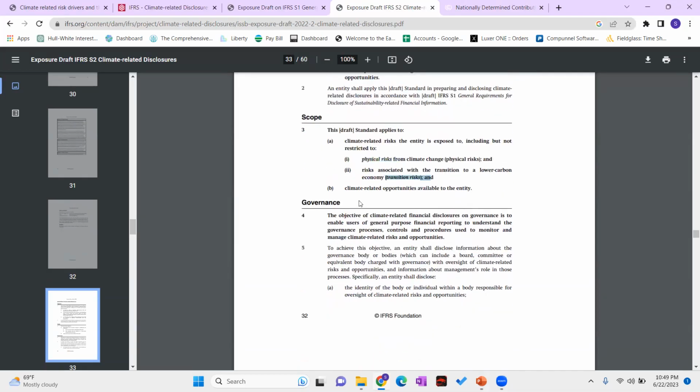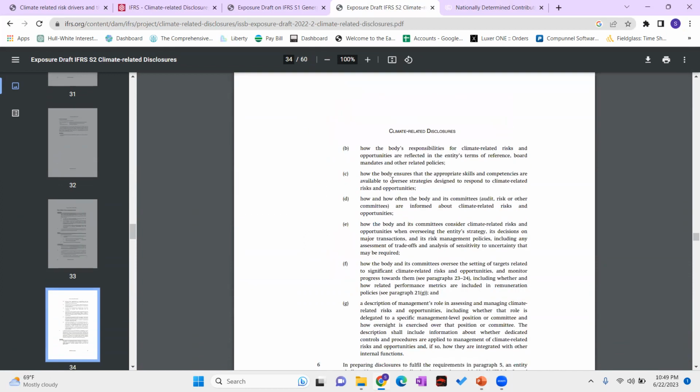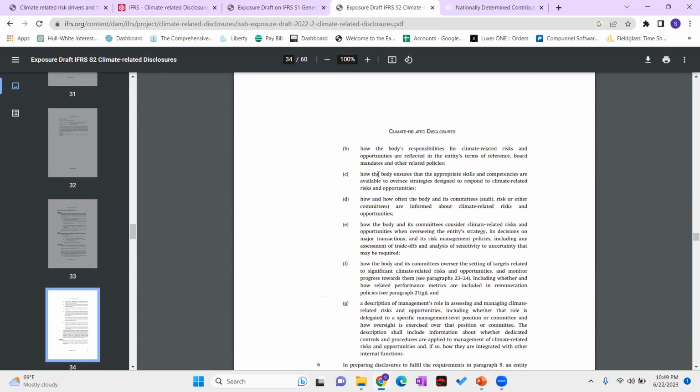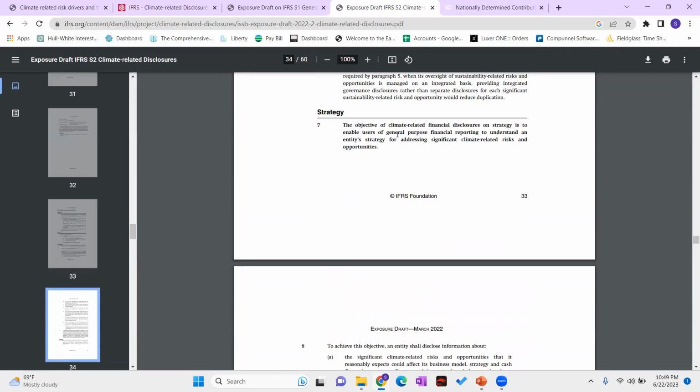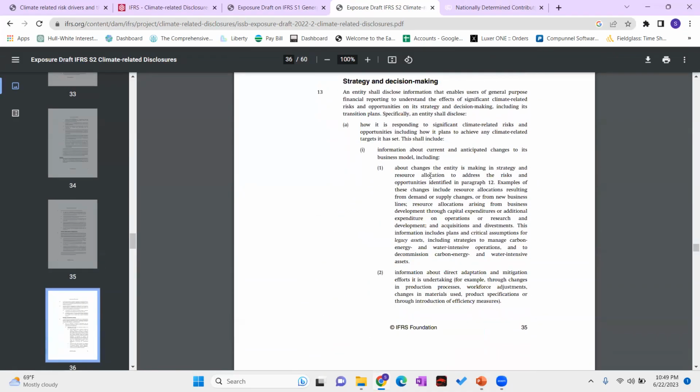Transition risks that we just discussed. There are governance aspects in terms of all the risks and opportunities; everything you have to highlight within governance, within strategy, and climate risk.